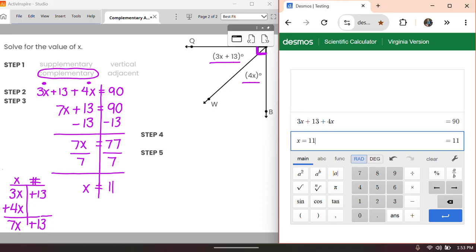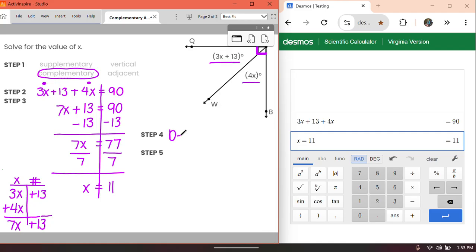And if you look, it gave me 90, and I was supposed to get 90. So that means I did check it correctly, and I did that by using Desmos. So I'm just going to write Desmos right here. Check.